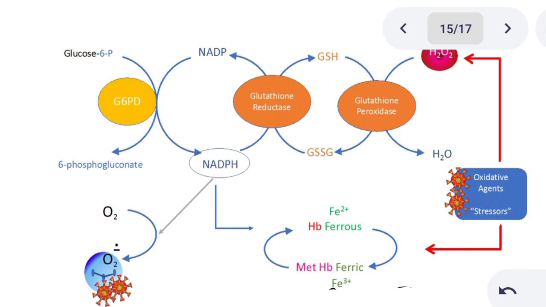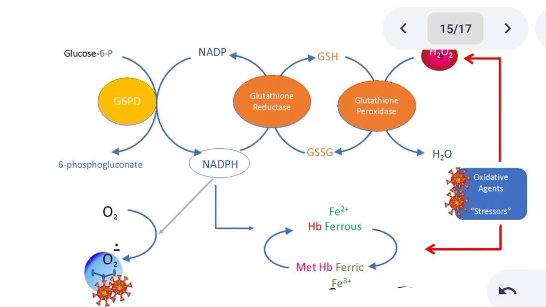When you take these beans, what's going to happen? It's going to increase the oxidative stress. In other words, it's going to increase the production of hydrogen peroxide in the red blood cell. That increase in hydrogen peroxide will trigger the lysis of these red blood cells. So these red blood cells will be quickly or prematurely killed by the macrophages in the spleen, and that's going to trigger hemolytic anemia.